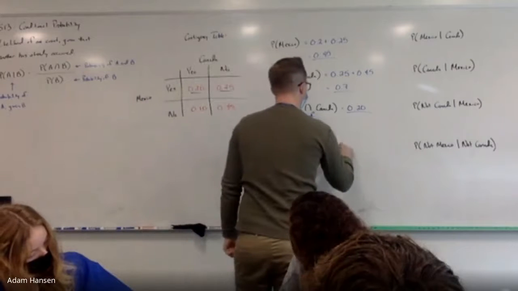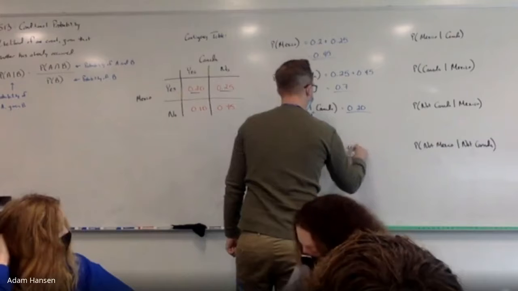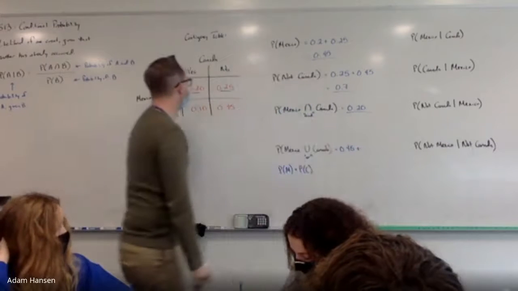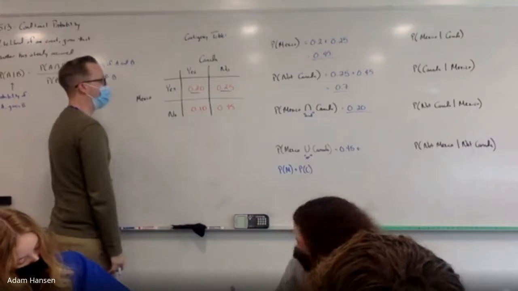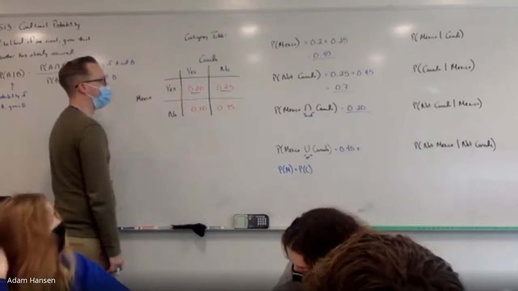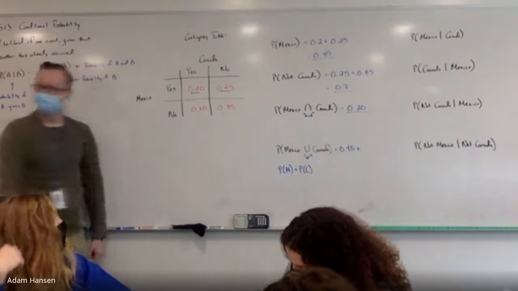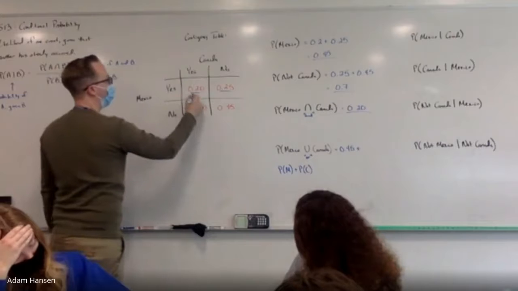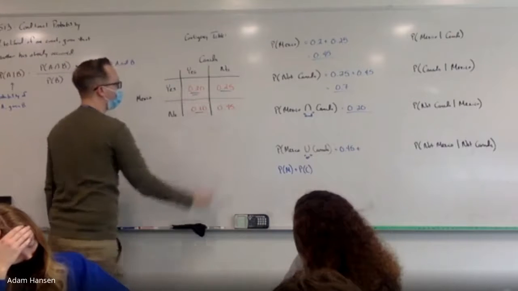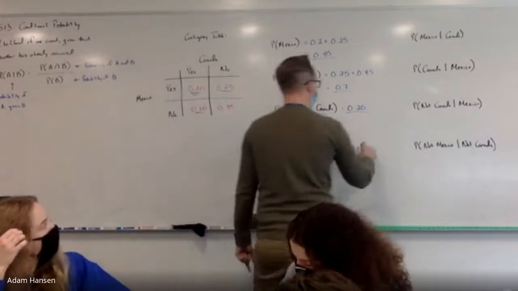That's the 45%. Plus everybody that's been to Canada. How many percent of us have been to Canada? The 20 and the 10, those that live in this first column here to the left. 20% and 10%, or 30%.